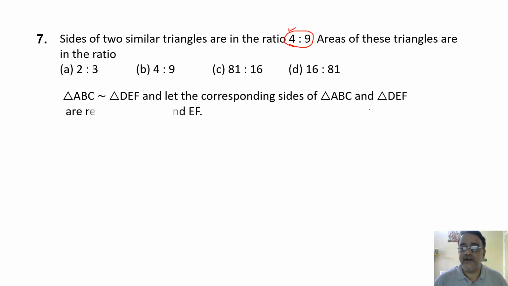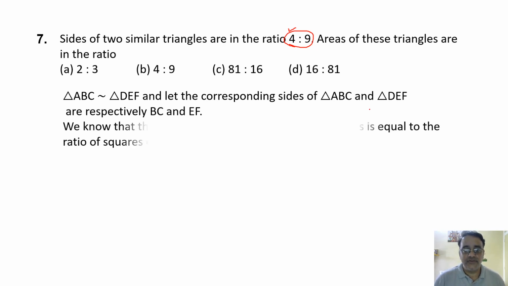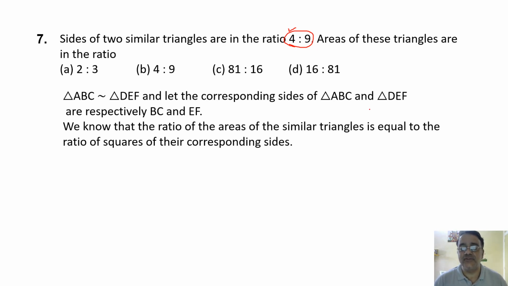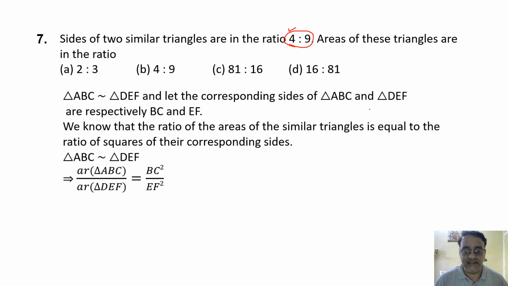So let the corresponding sides of triangles ABC and DEF be BC and EF respectively. So using this theorem, the ratio of areas of two similar triangles is equal to the ratio of squares of their corresponding sides. So this will imply this. This is clear, all of you? Yes, sir. Okay. And BC square upon EF square, we can write BC upon EF whole square.